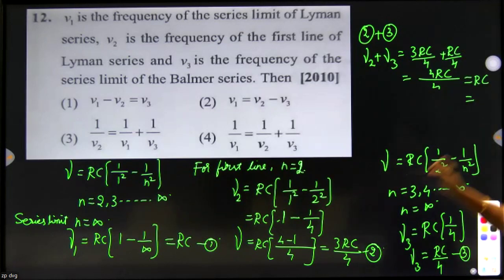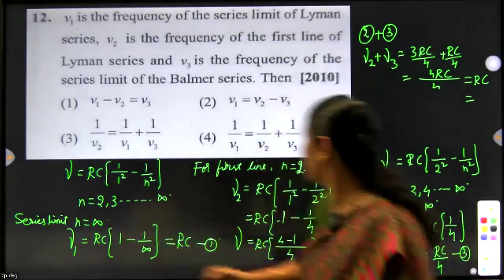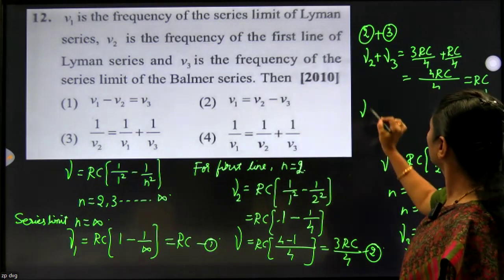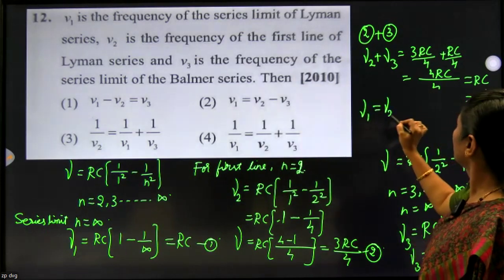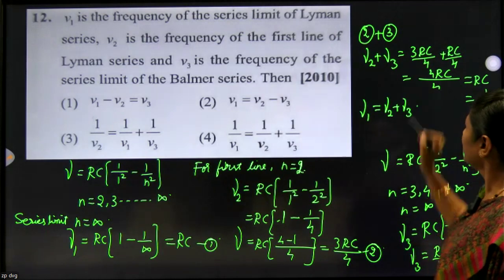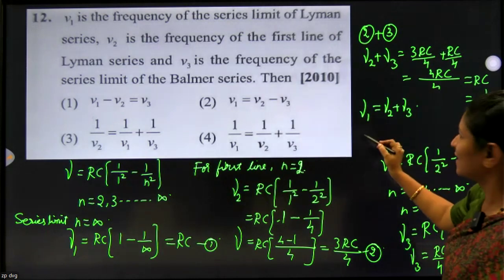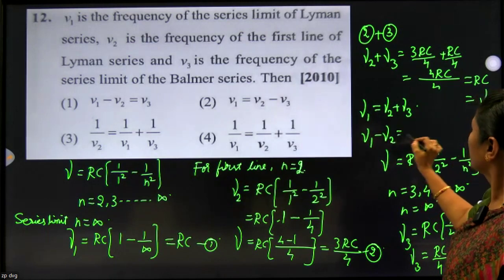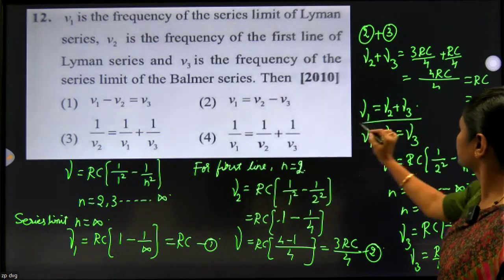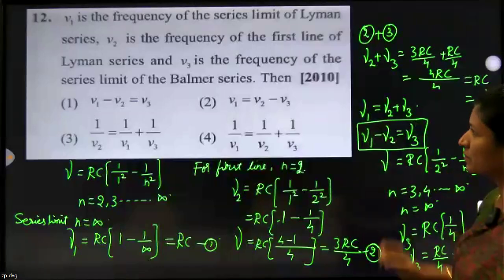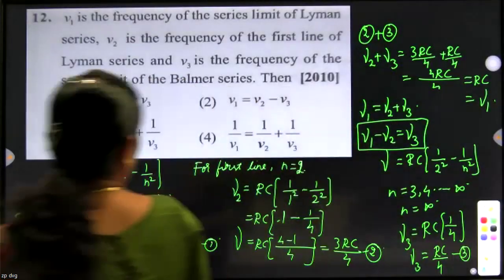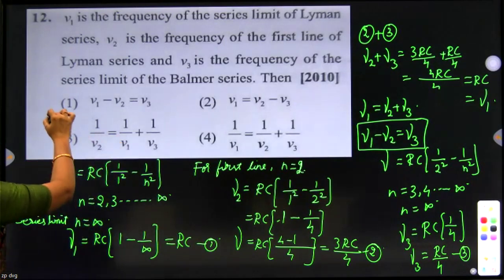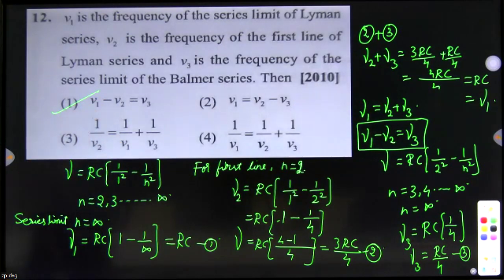RC is equal to equation 1, that is nu1. Here we get nu1 is equal to nu2 plus nu3. This can be written as nu1 minus nu2 equal to nu3, which is the answer. That means the first option is the answer.